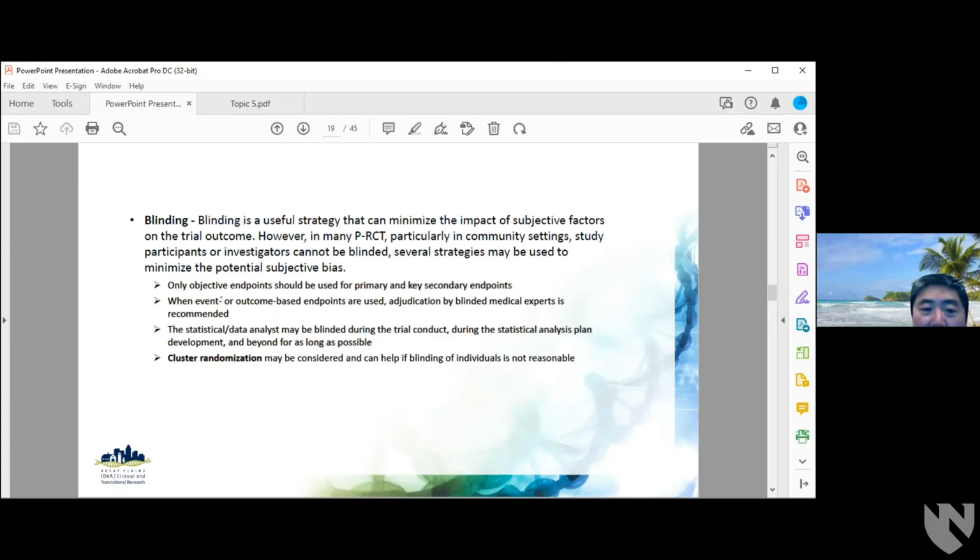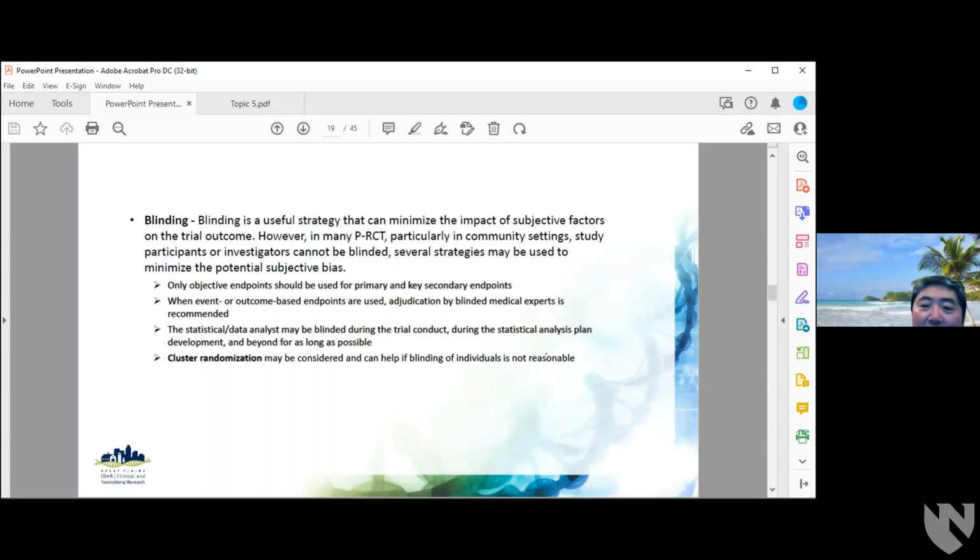I'm talking about events, whether you diagnose, for instance, for some disease, or whether the disease is resolved or not. So things should be adjudicated by the blinded medical expert. Okay. Then in the analysis portion, you should blind this, I mean, the statistical analysts, when doing the analysis.